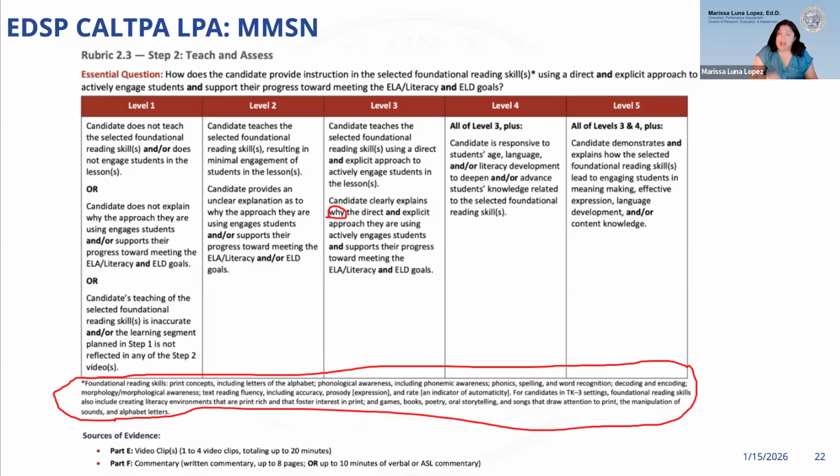However this child or student communicates, however they engage, they make sure that they are doing that, and the student needs to be engaging with the material in the best way that they can within their modalities.